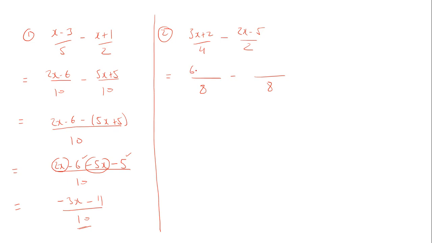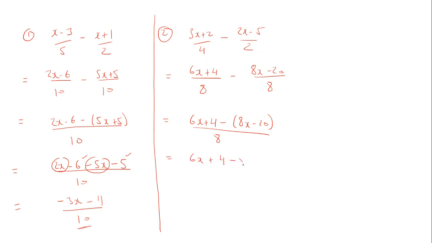Multiplier is 2. And here the multiplier is 4. Again, when we're subtracting, use the bracket. So you make sure you're doing the right taking away. Minus 8x minus 20. And again, 6x add 4.